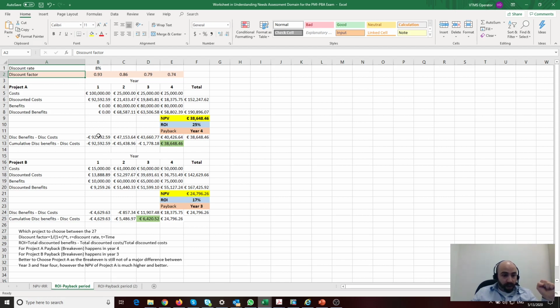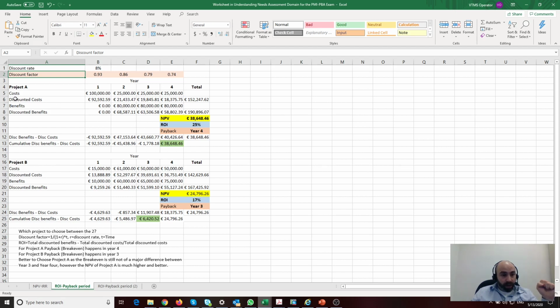Why did I give that example? Because it's pretty obvious, but in financial analysis and engineering it's better to go step by step rather than assuming. In year 1 I have that much cost, year 2 that much cost. For project B the costs are here, and then I have benefits.